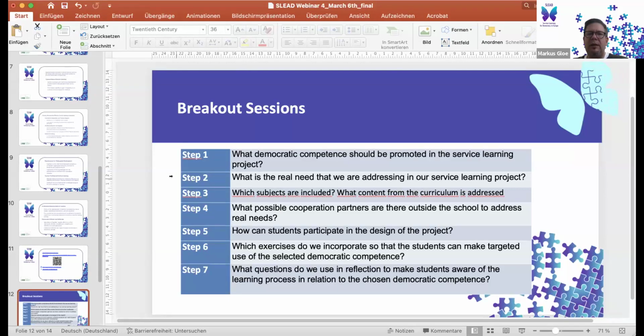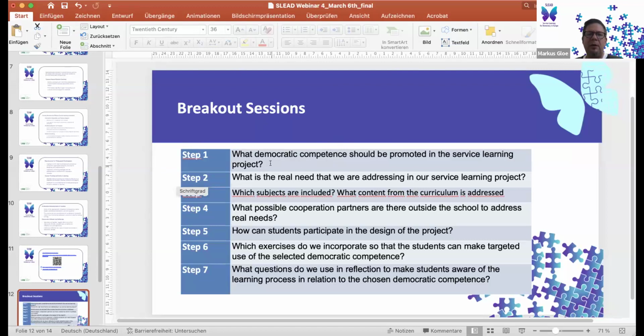First, we invite you to choose one of the democratic competencies from the RFCC, which should be promoted in the service learning project. You have to make a decision, a democratic decision maybe, in your group very quickly. After that, you can remind yourselves of the 6 quality standards of service learning projects.